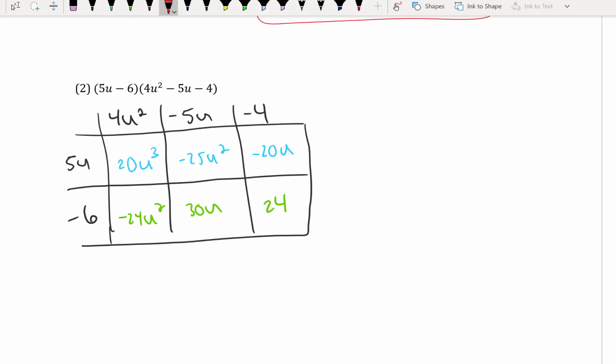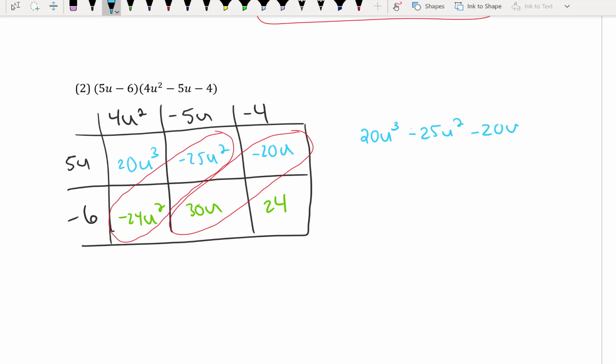So again, what's really nice is that your diagonals, when you use the box method, are going to line up nicely. So now I have my 20u to the 3 minus 25u squared minus 20u. And my second row, I have that negative 24u squared plus my 30u plus my 24.